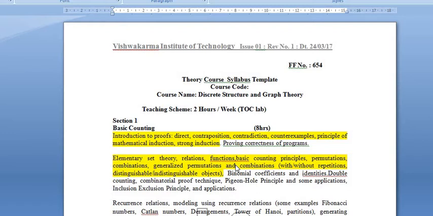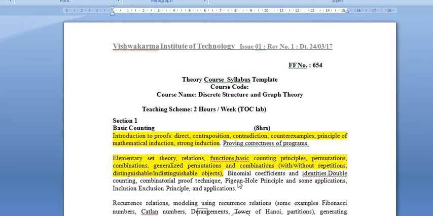Elementary set theory we have seen, right? Then relations, today we'll start with relations, then functions, basic counting principle, permutation, combination, generalized permutations and combinations with and without repetition, distinguishable or indistinguishable objects.